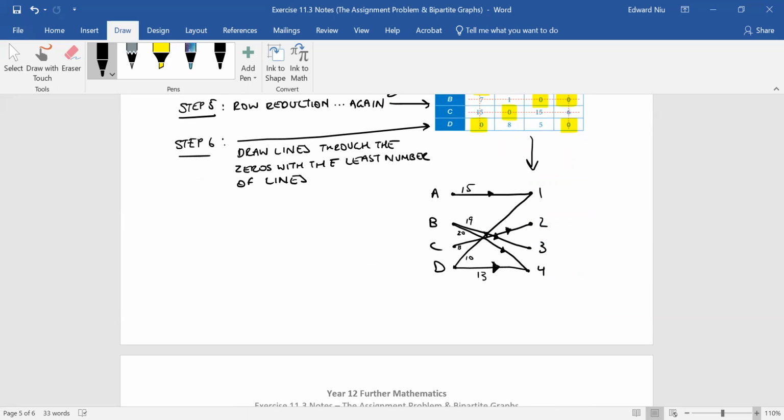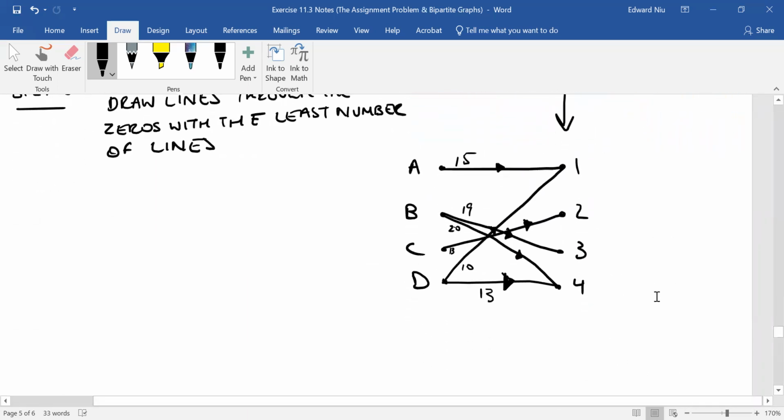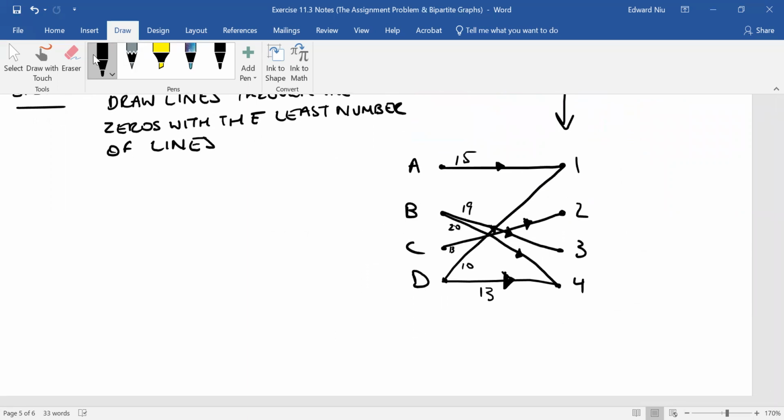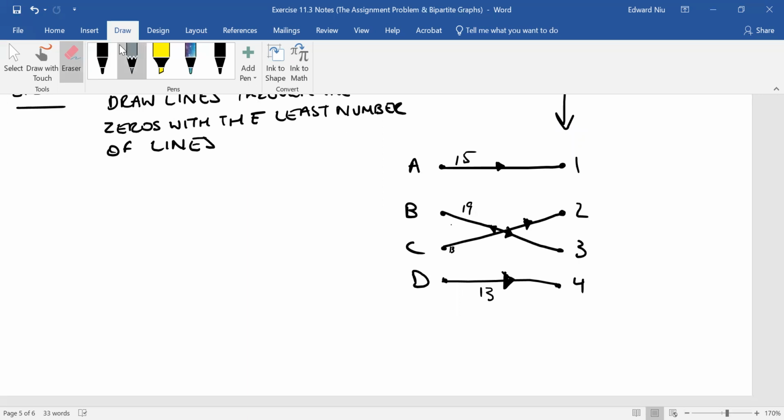All right. So now it's time to remove some of these lines. So person A can only do job 1. So that eliminates this line from D. That leaves D only able to do job 4. So that eliminates this line from B. And then that's sorted itself out.